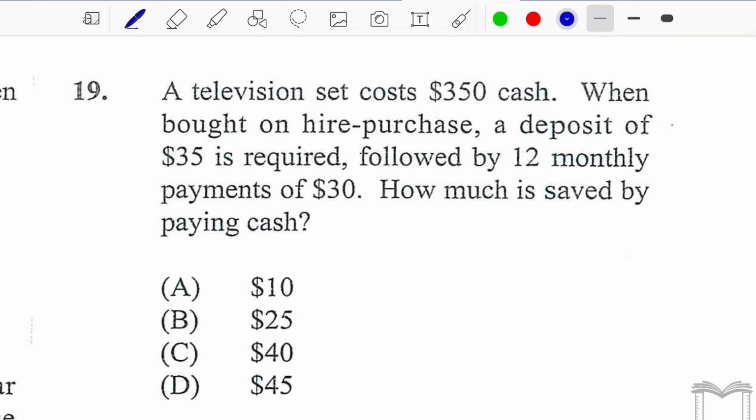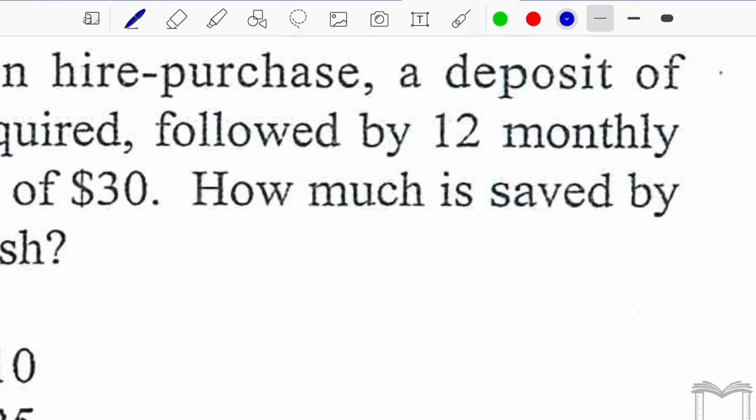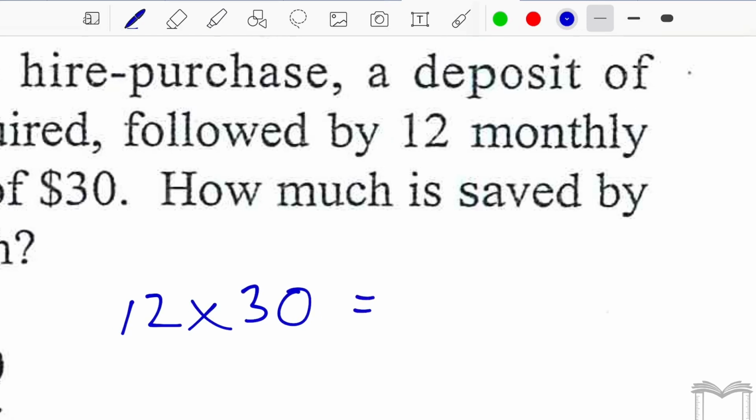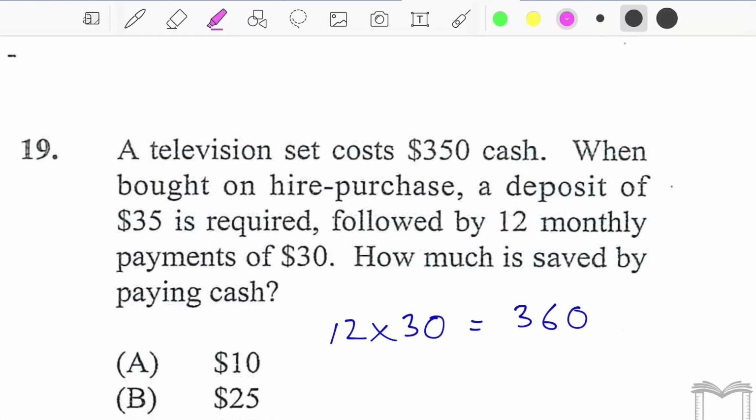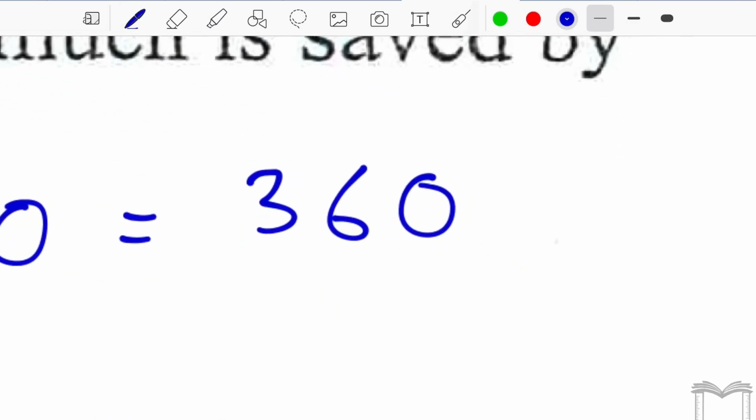So a deposit of $35 plus 12 monthly payments of $30. So let's determine the total from the 12 monthly payments. So that will be 12 times 30. 12 3s are 36, put back the 0, so that's $360. We're going to add the $35 down payment.